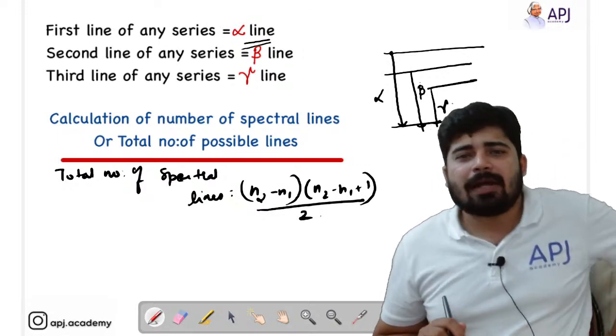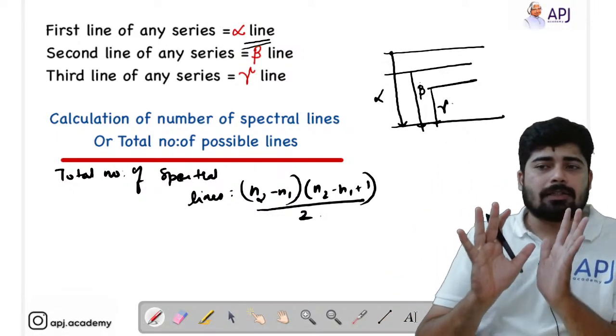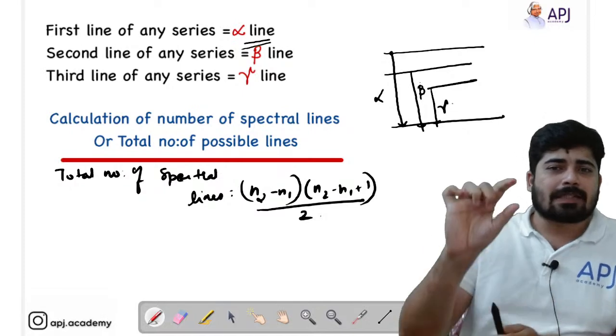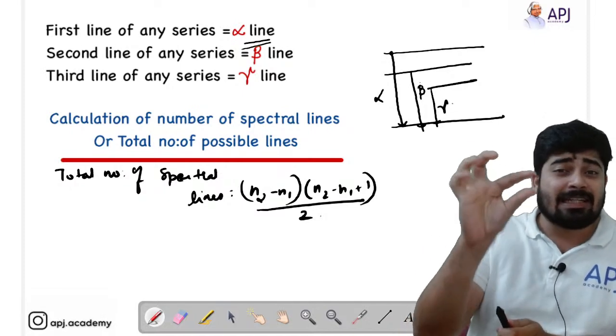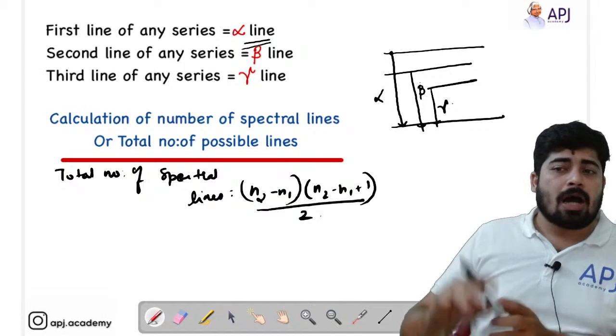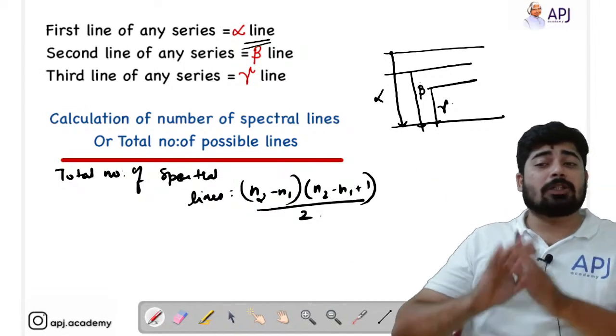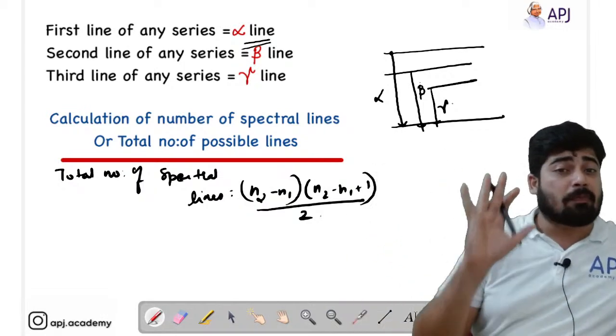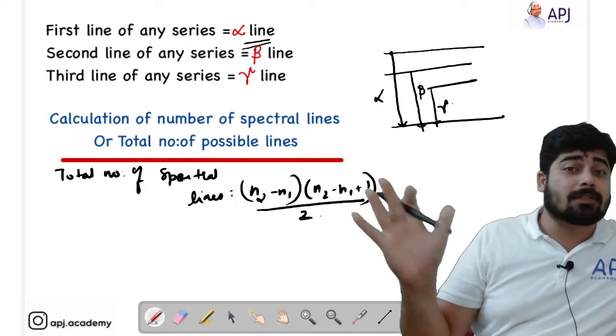What do you mean by total number of spectral lines? Just before, we discussed the number of spectral lines in each series. Now we are talking about the total number of spectral lines that can be possible, not in each series, but total.